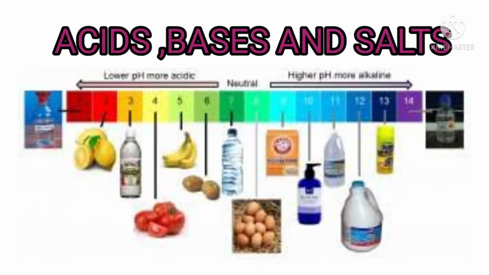At present, 115 different chemical elements are known to us, and these elements combine to form a large number of compounds. On the basis of their chemical properties, all the compounds can be classified into three groups: acids, bases and salts. In this chapter, we will study about compounds of acids, bases and salts.